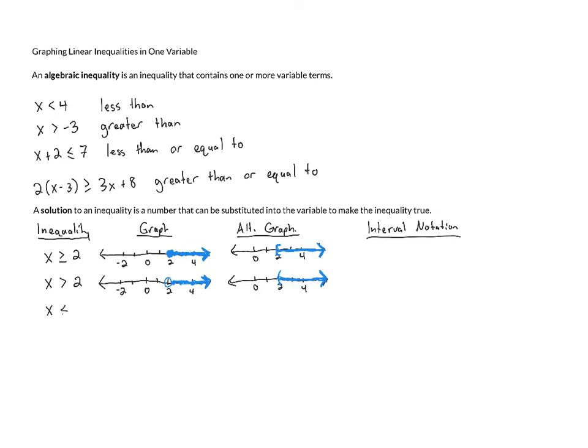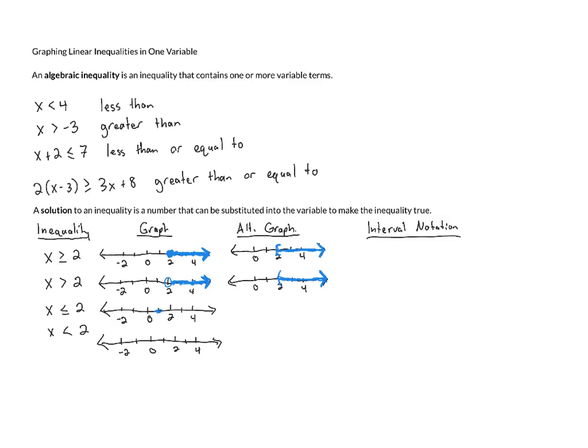Let's look at x is less than or equal to 2, and x is less than 2. Where on the number line should the solutions fall to these? Well, if we're looking for numbers that are less than 2, those are going to be to the left of 2 on the number line.